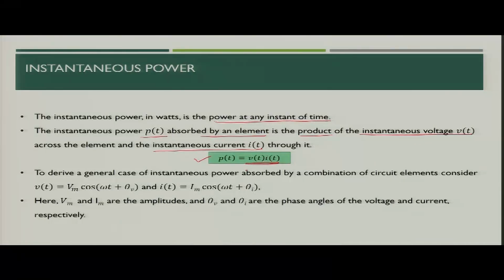So how will we calculate the value of power? Suppose we have voltage V as V m cos omega t plus theta V, where theta V is the phase for voltage, and I t is nothing but I m cos omega t plus theta I, where theta I is the phase for current. Here V m and I m are the amplitudes and theta V and theta I are the phase angles for the voltage and current respectively.